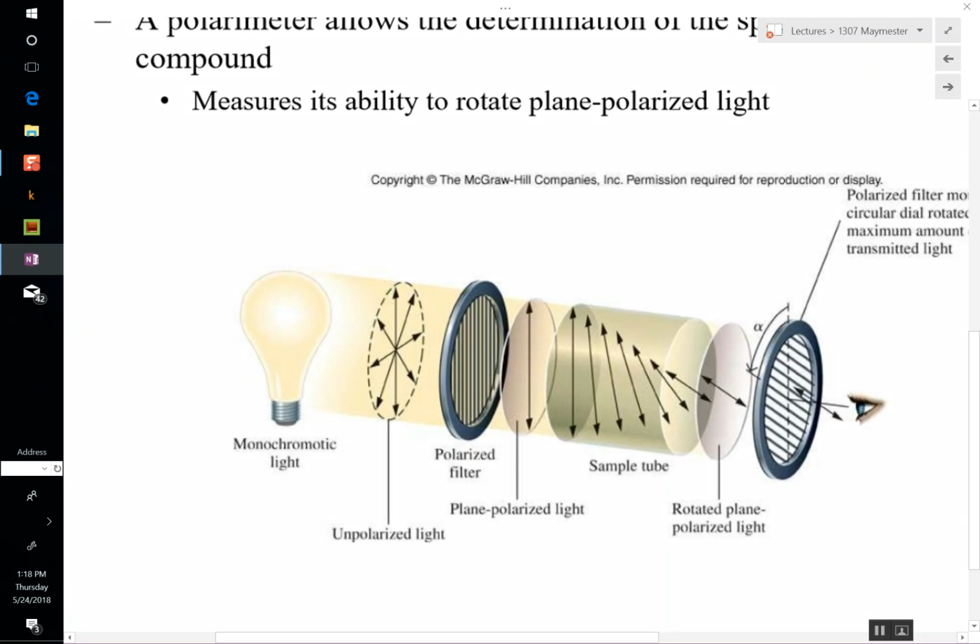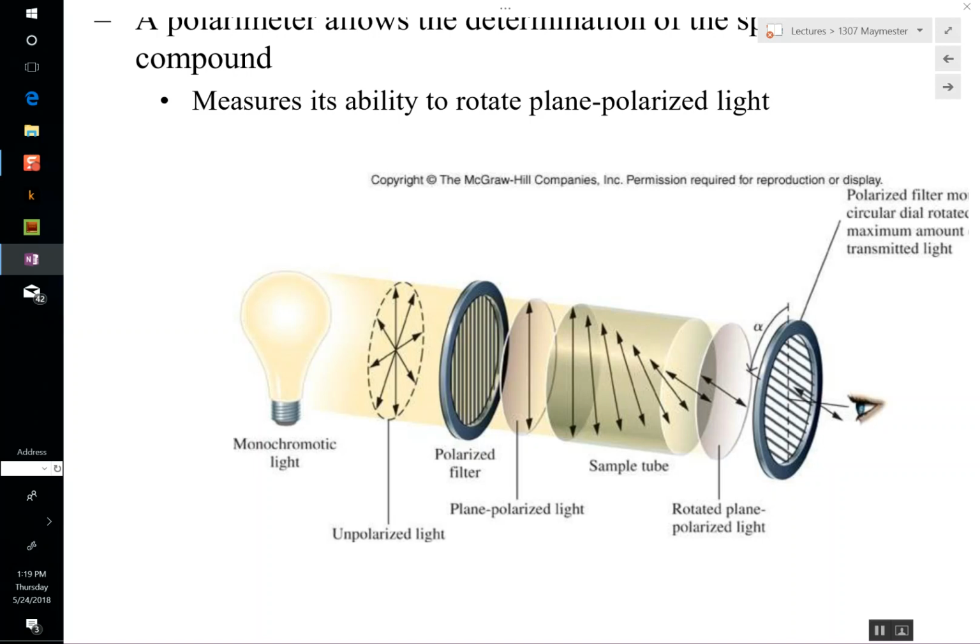This is a light bulb, just emitting the complete spectrum of light. Here's a polarized filter, like you would have in a polarized lens in glasses. And what's that doing?